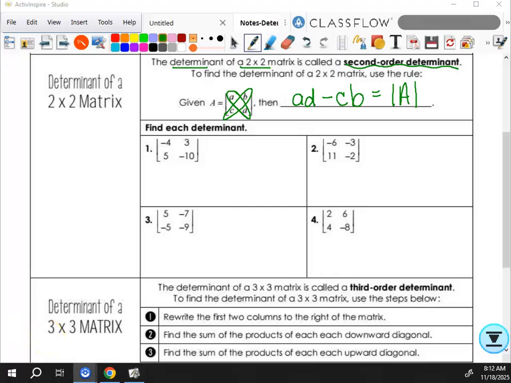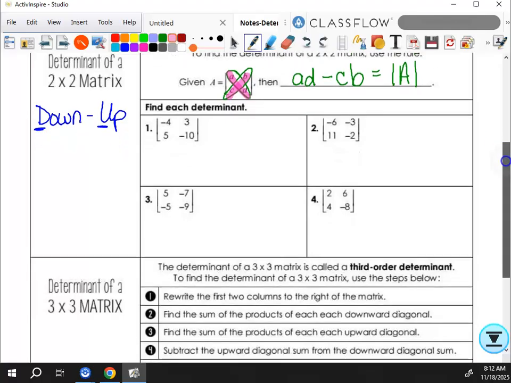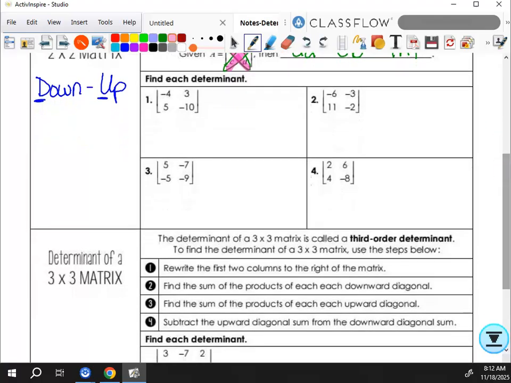I want you to notice what I did. The way we do the diagonals, we did down and then up. So your actual rule here is down minus up for the diagonals. Okay, down minus up. So if I look at number 1 here, I'm going to make a down diagonal.